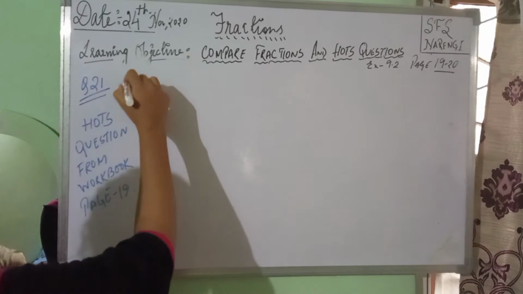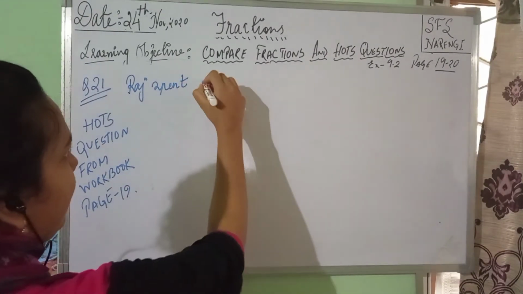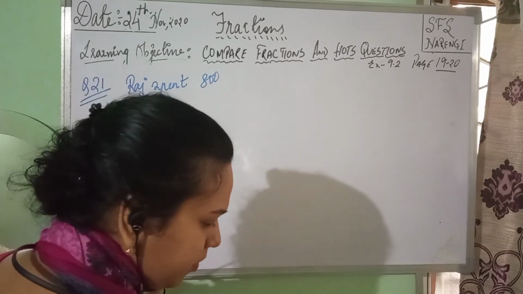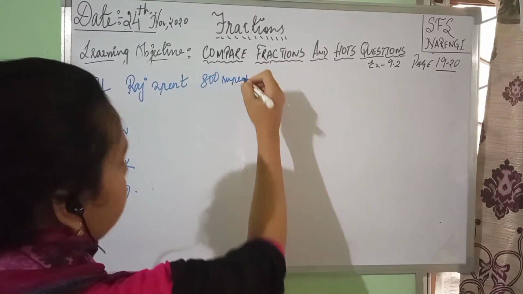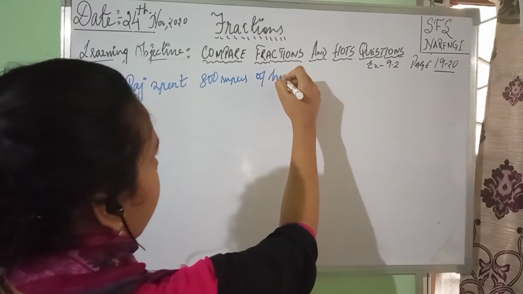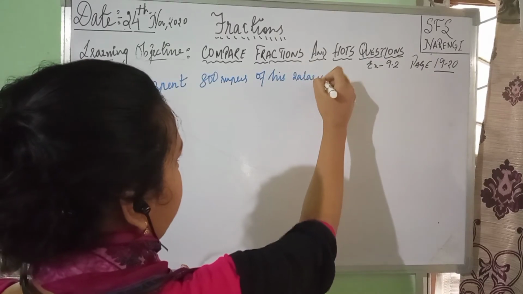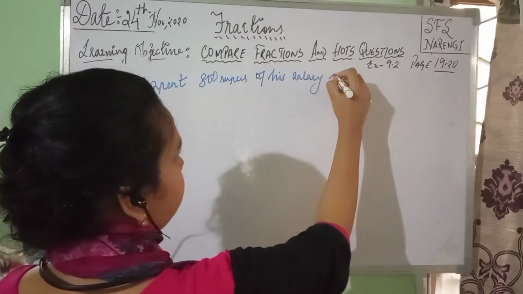That Raj spent 800 rupees of his salary for petrol.